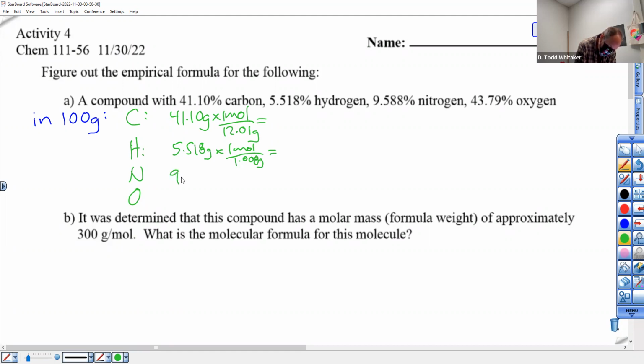And we got 9.588 grams, 1 mole over 14.01 grams. And 43.79 grams, 1 mole over 16.00 grams. We'll pause.